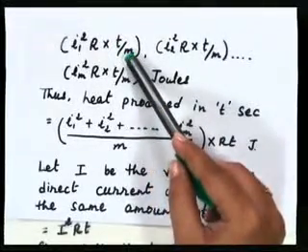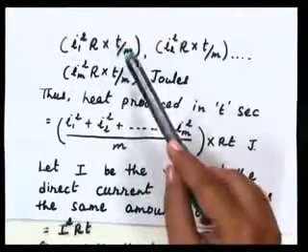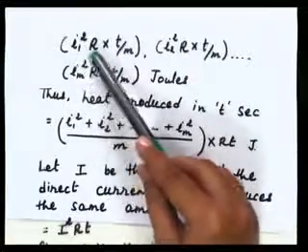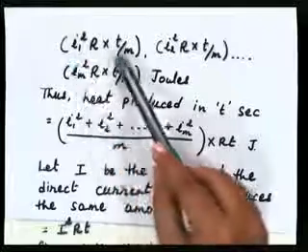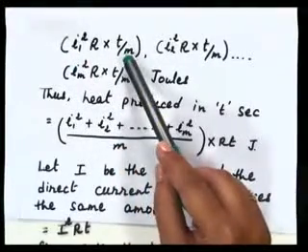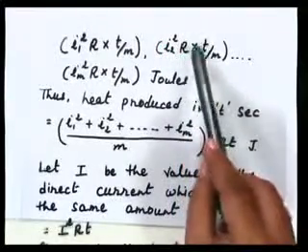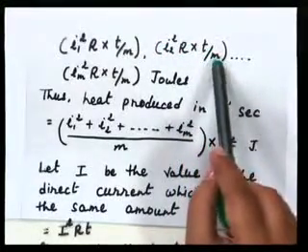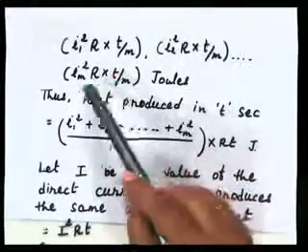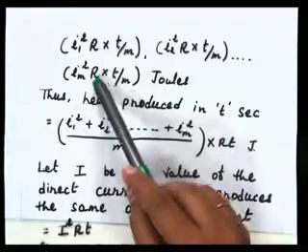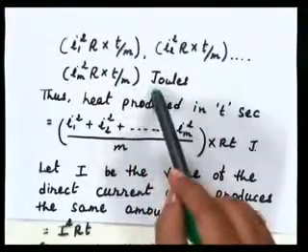As we know, heat produced in the circuit is equal to I square R into T. Now I1 is our current, R is our resistance, and T by m is our time. So this is I1 square R T by m for the first part. This is I2 square R into T by m for the second part. And in the same way you can find up to m number of parts, which is equal to Im square R into T by m. And the unit is joule.